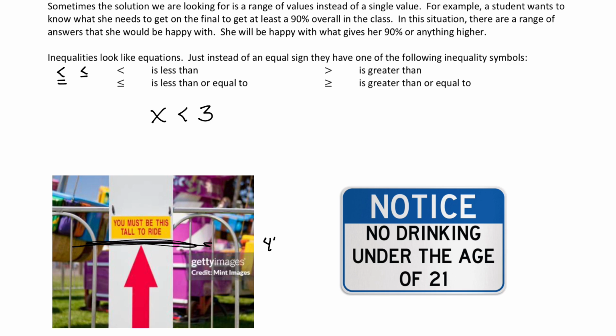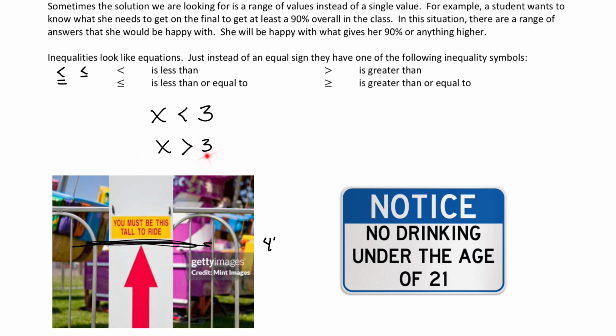If you get the symbol backwards, it means something completely different. So like on the lagoon ride, if you got the arrow backwards and you were shorter than that line to ride the ride, you'd be in trouble. So it's completely wrong. It's the exact opposite.